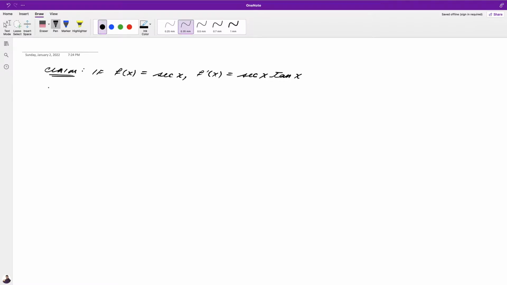Okay, let's seek to prove this statement using the definition of a derivative as a limit. That's the way we do it around here.